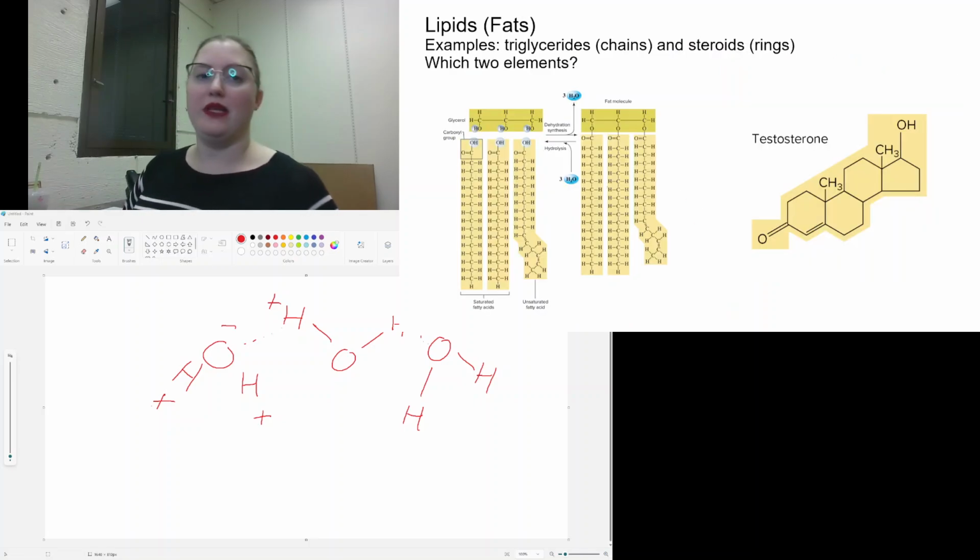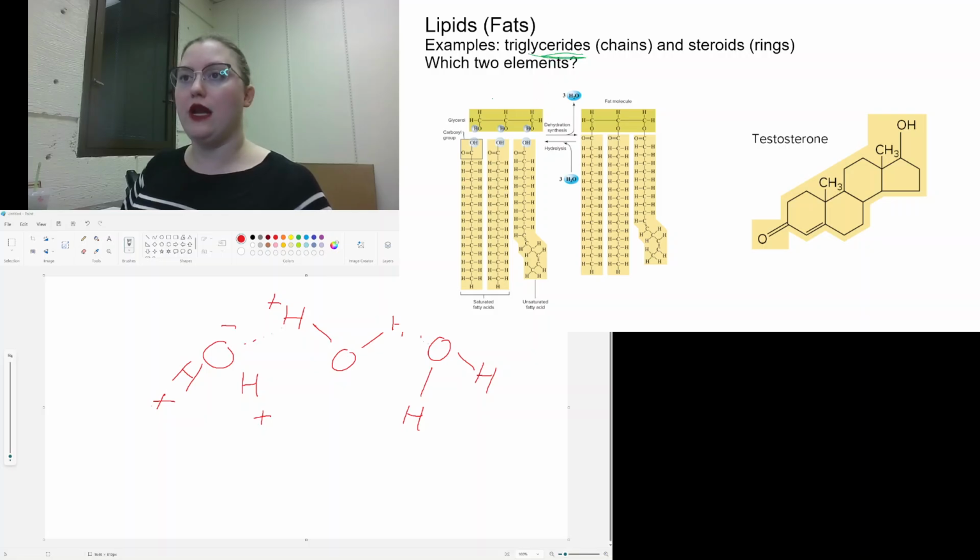Next, we have lipids, fats. So you might recognize these as oils or butter or waxes, but there's also steroids and hormones in this category. So one of the most memorable is the triglyceride, right?